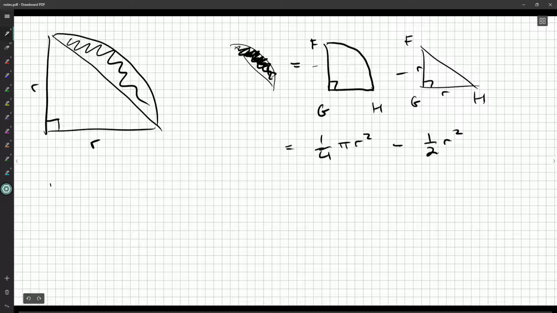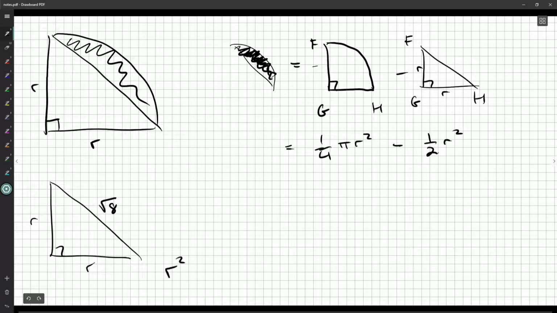So how can we figure out what r is? Well, we know it's a right-angled triangle, and we know the hypotenuse is root 8, and we know the two legs are r. So we might say, well, use the Pythagorean theorem. r squared plus r squared is going to be root 8 squared.